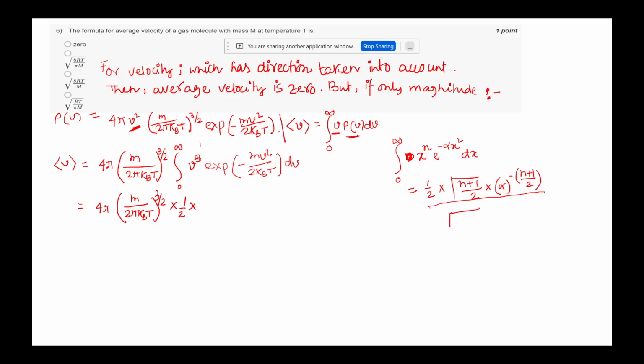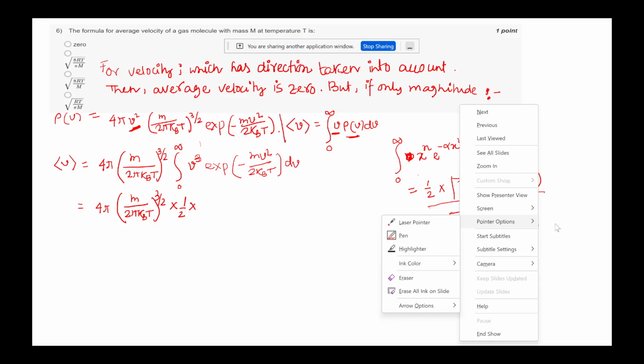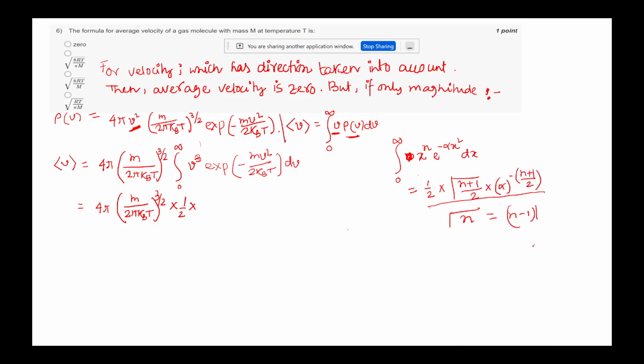No problem. Gamma n is equal to (n minus 1) factorial. So gamma 2 means 1 factorial, that means it's 1, right? And this alpha means this whole thing m by 2 kbT is alpha.